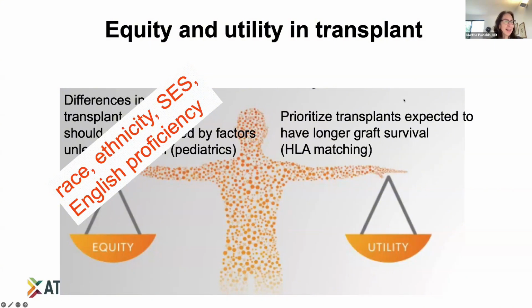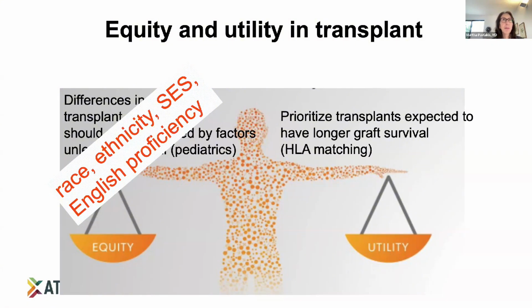Now, it's nice to have these little figures and concepts, but actually applying policy to diminishing disparity in access often seems to threaten the utility. So you don't want to harm utility by improving equity or harm equity by improving utility.